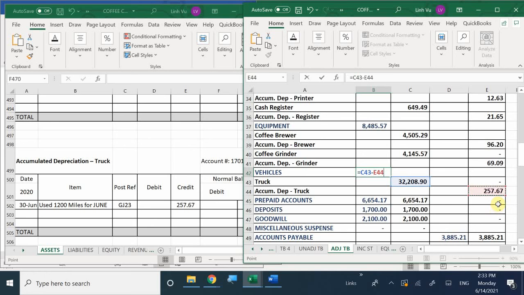So what's my total amount in my vehicles? $31,951.23. Good.